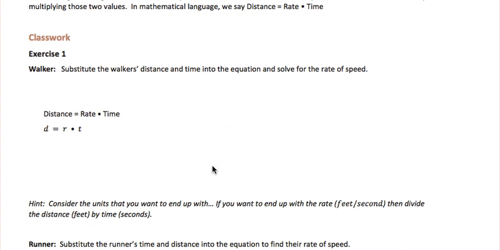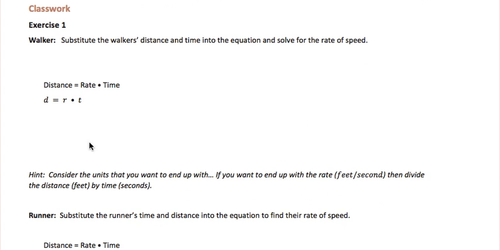The distance that we were using in that example was 50 feet. And so for each of those calculations, you would use 50 for the distance. What you're looking for is the rate, and the time will be the time that you have recorded from that trial.